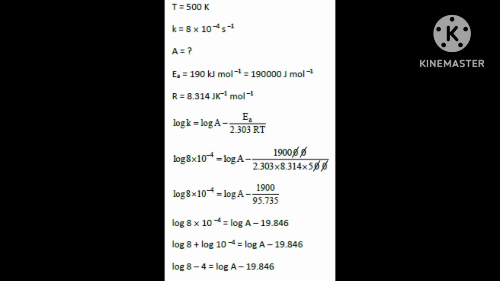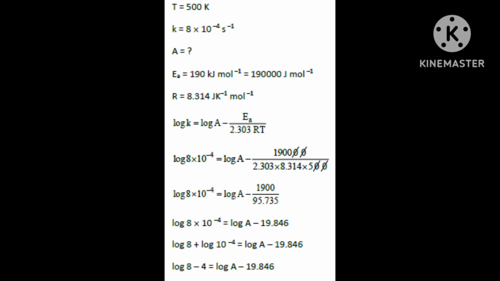I have discussed the relation that K is equal to 2.303 divided by t log initial pressure divided by the pressure at a particular time. That is also written as 2.303 divided by t log Pi divided by 2Pi minus Pt.